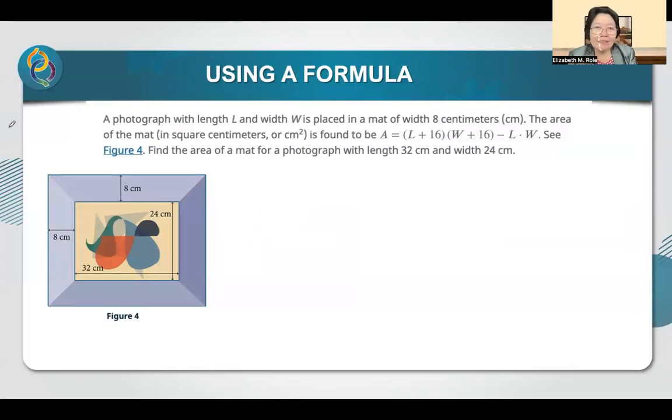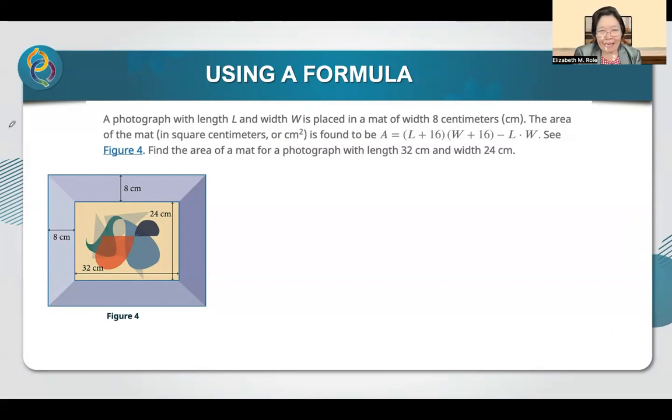Just for the sake of using a formula in solving a problem, I have this problem on a photograph. A photograph with length L and width W is placed in a mat, with 8 centimeters, and the area of the mat is found to be A equals L plus 16 times W plus 16 minus L times W, which was derived. As of the moment, let's accept that it has been derived.